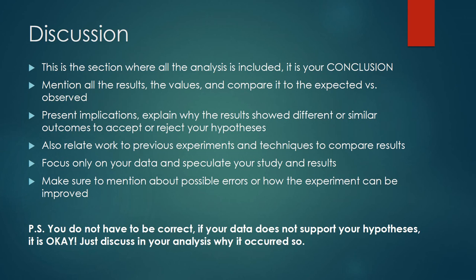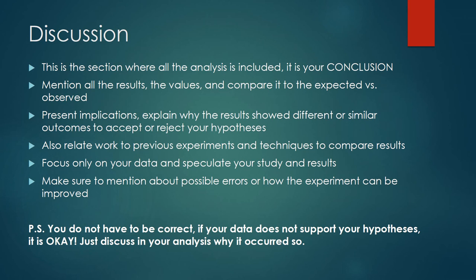Say why this average was higher or lower than the other average, or why you got your chi-square analysis and why your significance was really low, or something like that. Don't just mention it. Make sure that you compare and analyze the whole process and all the data that you actually collected.